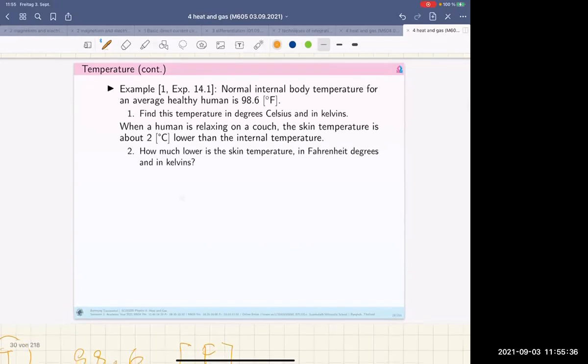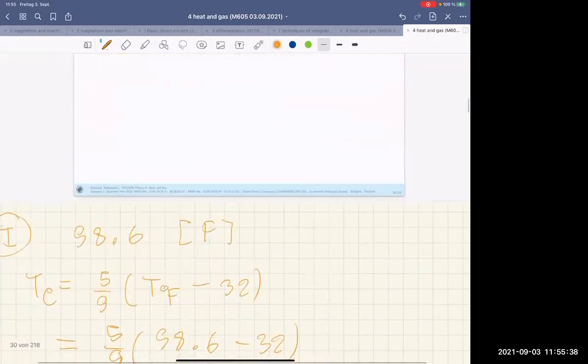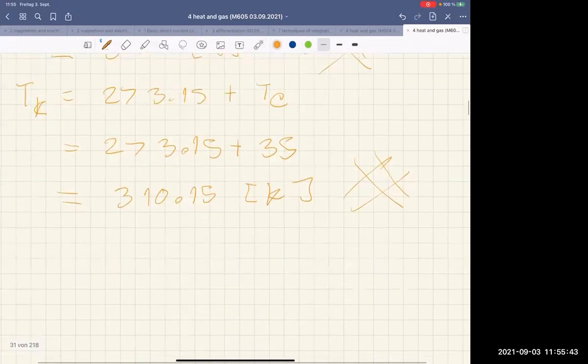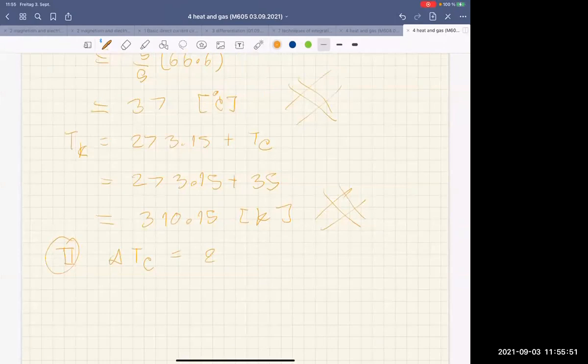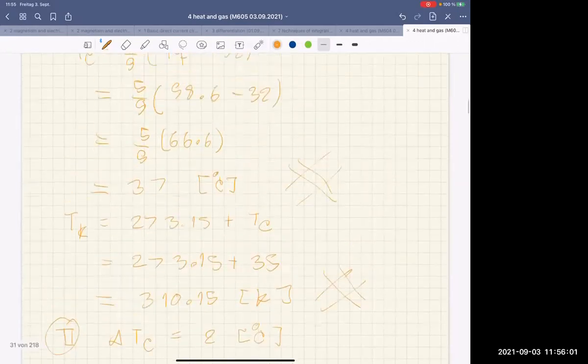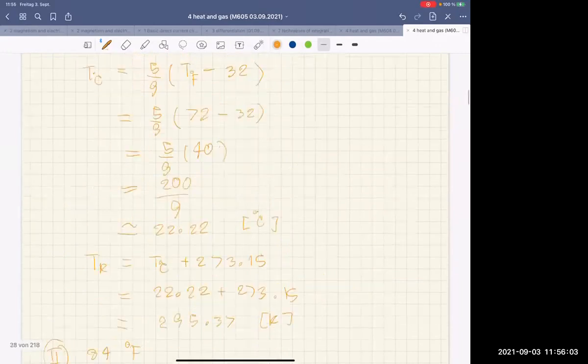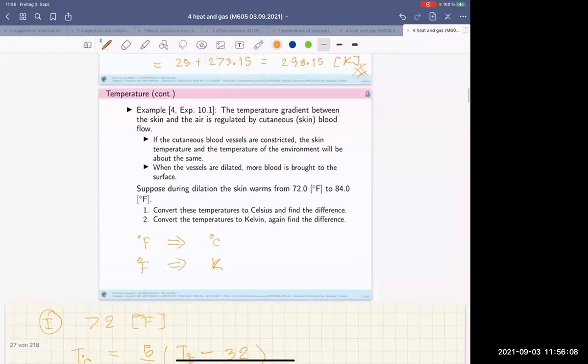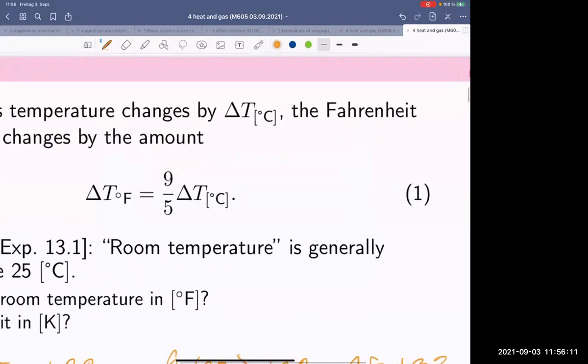Okay, in the second situation you have the difference of temperature in Celsius by 2 degrees of Celsius, and you want to convert it to Fahrenheit, right? So you have to use this expression. Delta TF is 9/5 of delta TC.